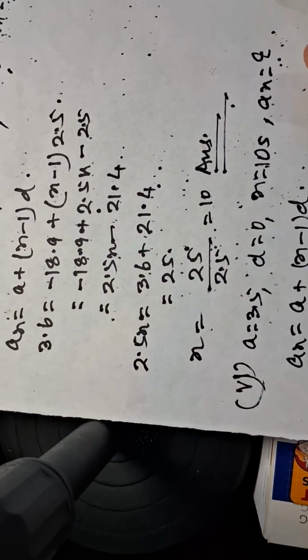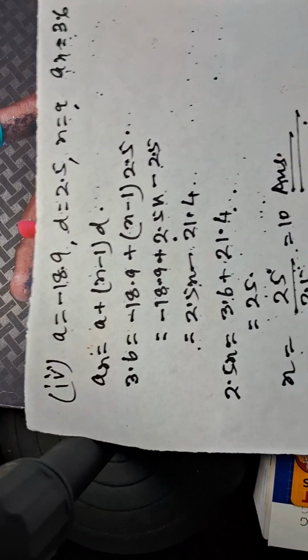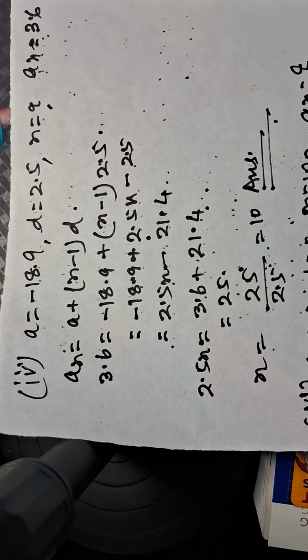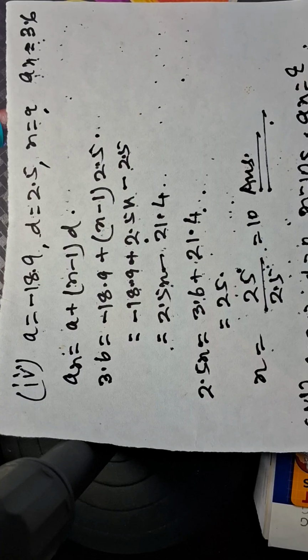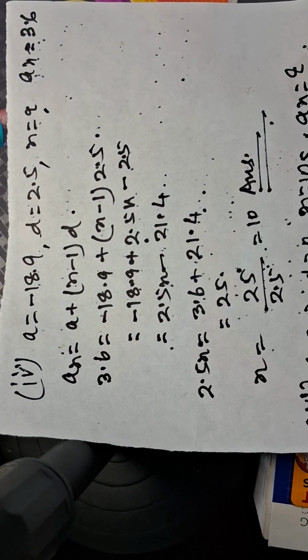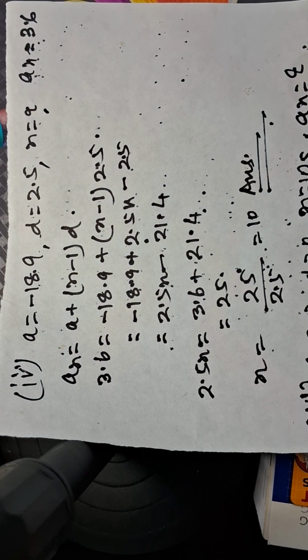Now fourth question. From the table, a is equal to 18.9, d is equal to 2.5, and we will have to find n, and an is equal to 3.6.